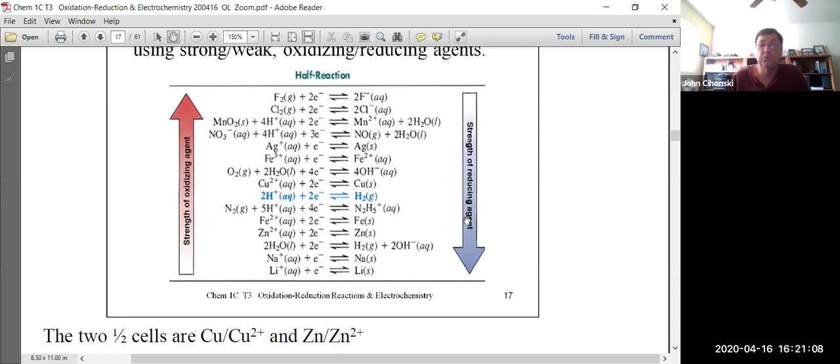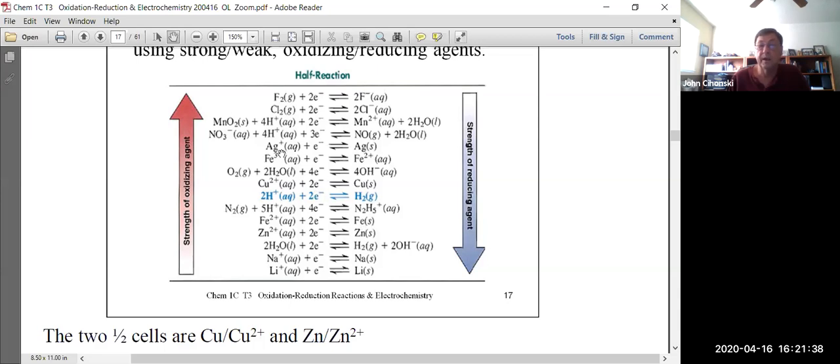Now, for the cathode side, what would we have? Well, it would either be iron +2, which we already know it's not, or silver 1+. All right, well, which is the stronger oxidizing agent? Well, obviously, silver +1, meaning that it wants the electrons that the iron is ready to give up.